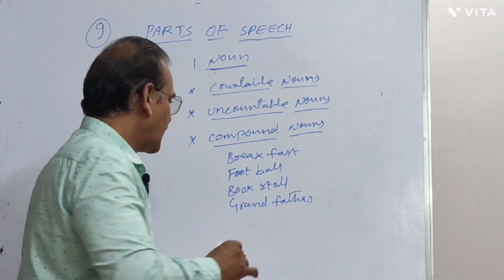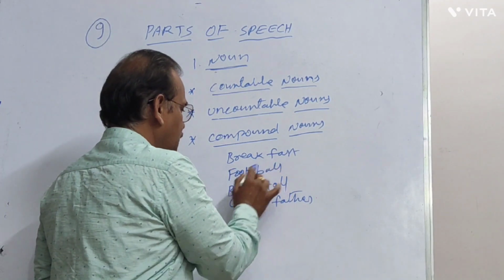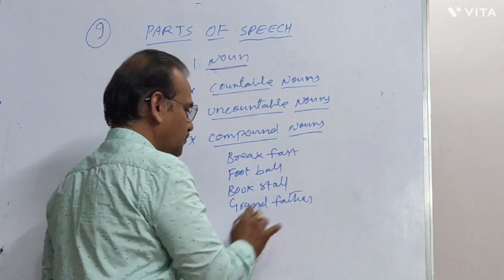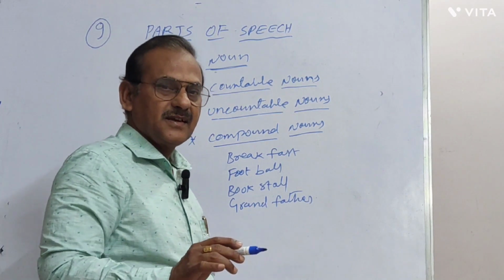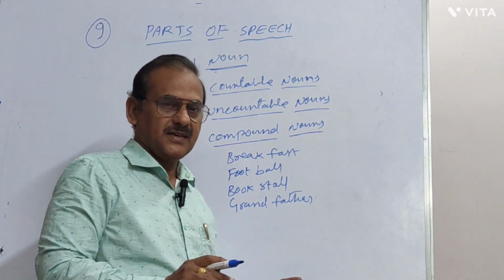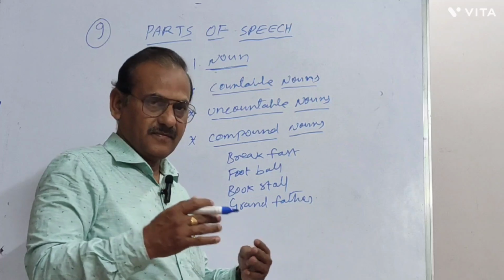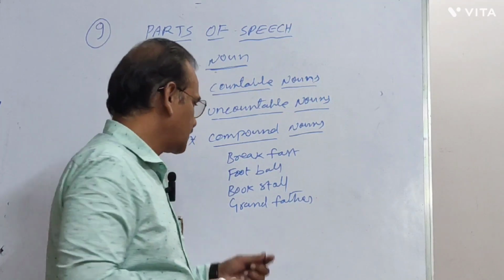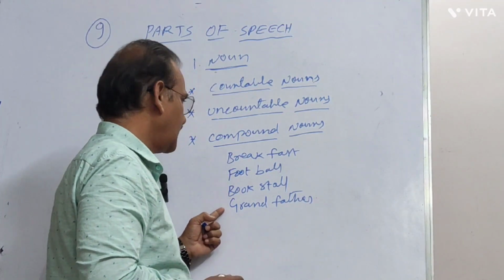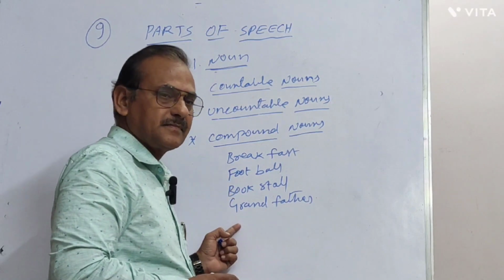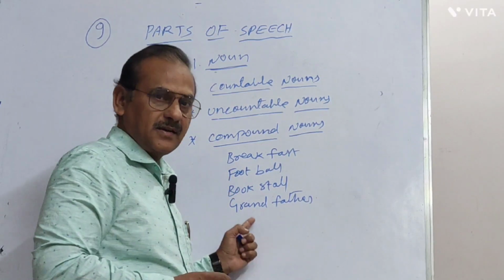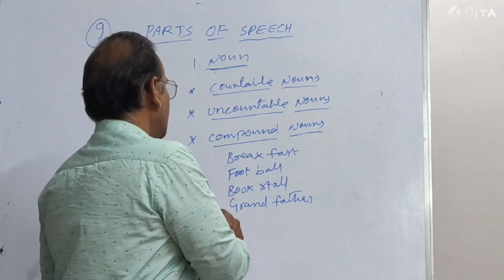And try to understand, 1 2, 1 2, 1 2, 1 2, these different words, they formed another noun. So that's why these are called compound nouns.